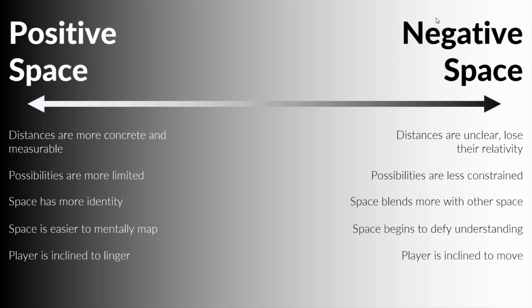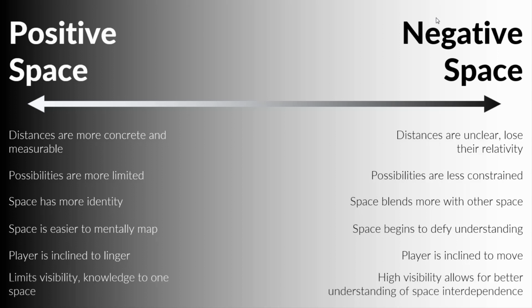Another effect of positive space is that players are inclined to linger. We dwell in positive spaces. We live in positive spaces. We're comforted by the boundaries and by the security. In negative space, the player is inclined to move. We move through negative spaces. This comes back to occlusion, which we'll go over a little more later.